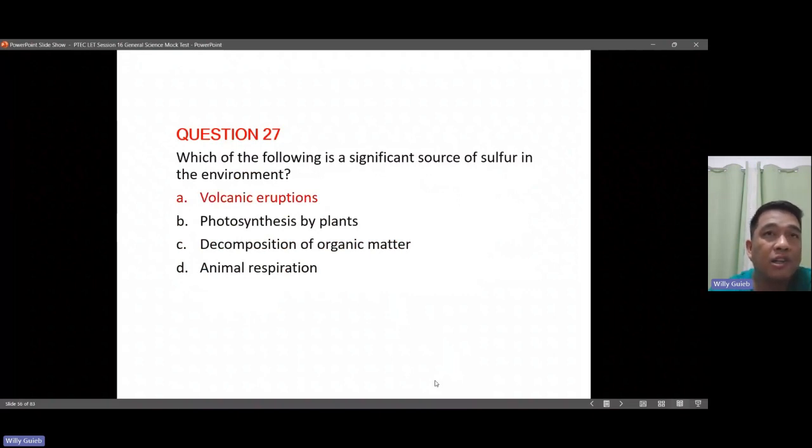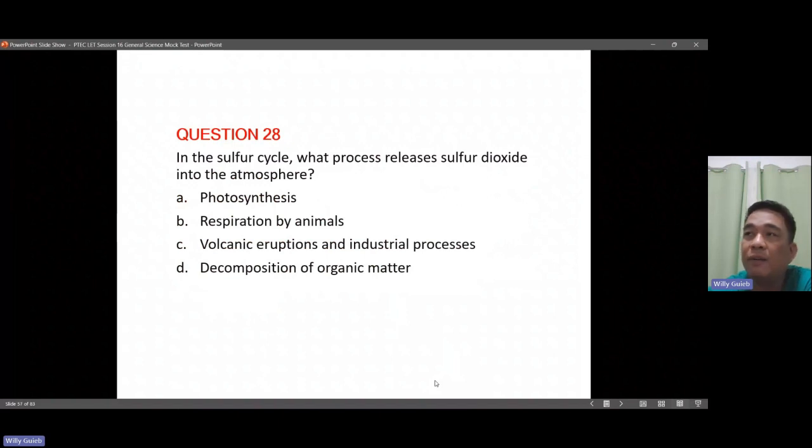So, the sulfur is actually emitted, no, pag nagkakaroon po ng eruption, or kahit na hindi yung general or yung massive na eruption, but from time to time any emission coming from volcanic activity will contribute, no, to the release of sulfur back into the environment.